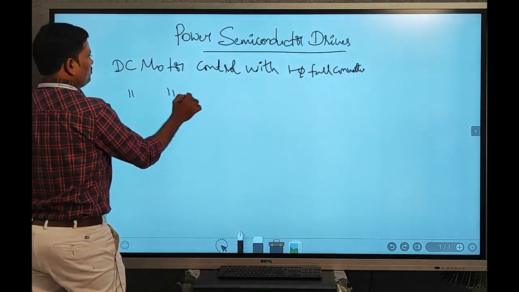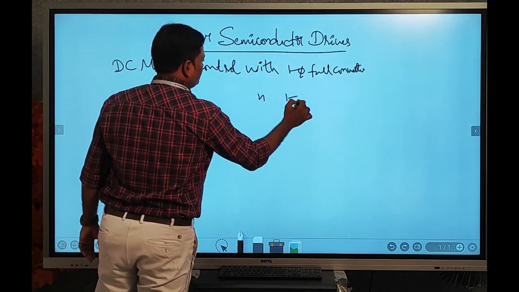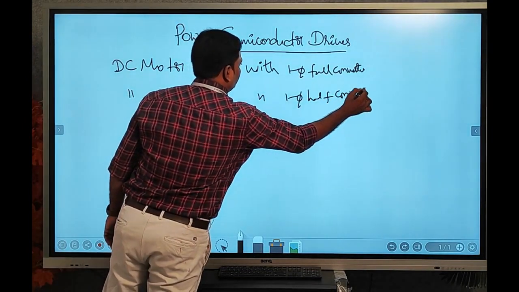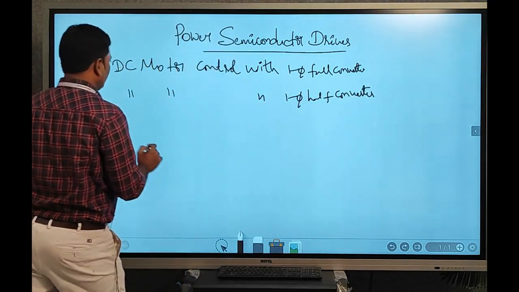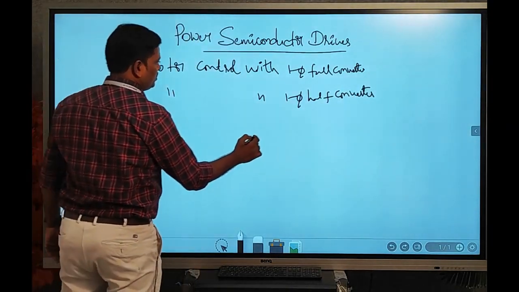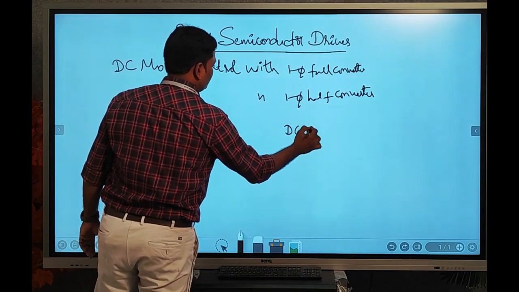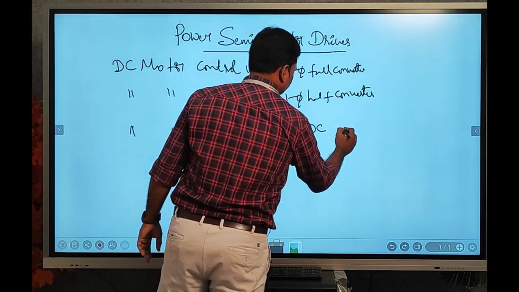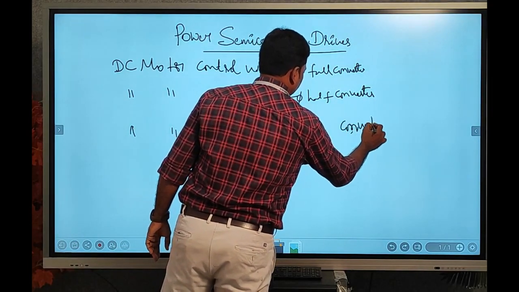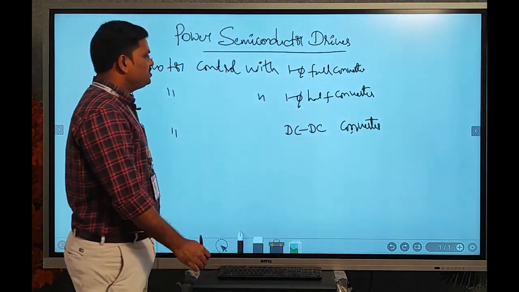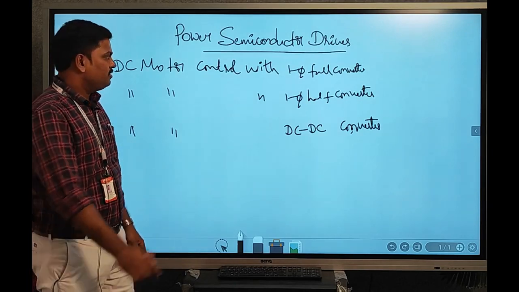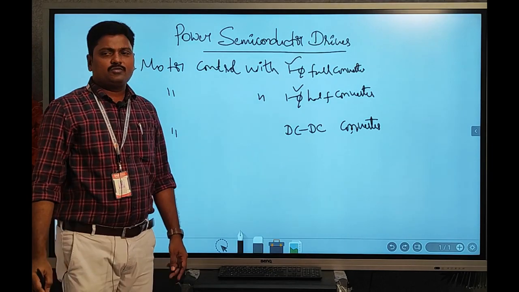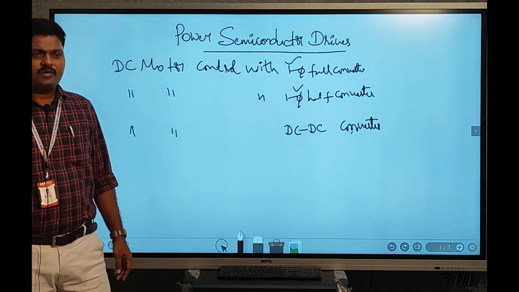We can also control the same DC motor with a single phase half converter. We can also control the DC motor with a DC to DC converter. So which one gives you more advantageous things? Coming to full converter and half converter.